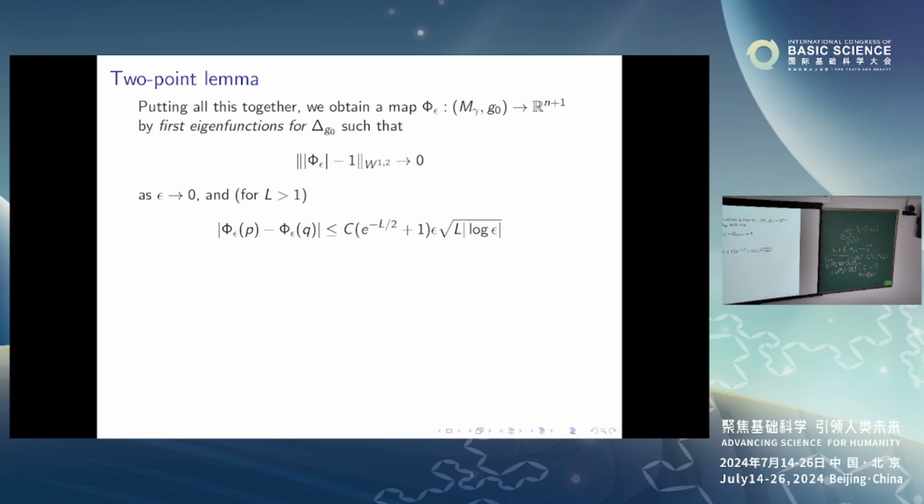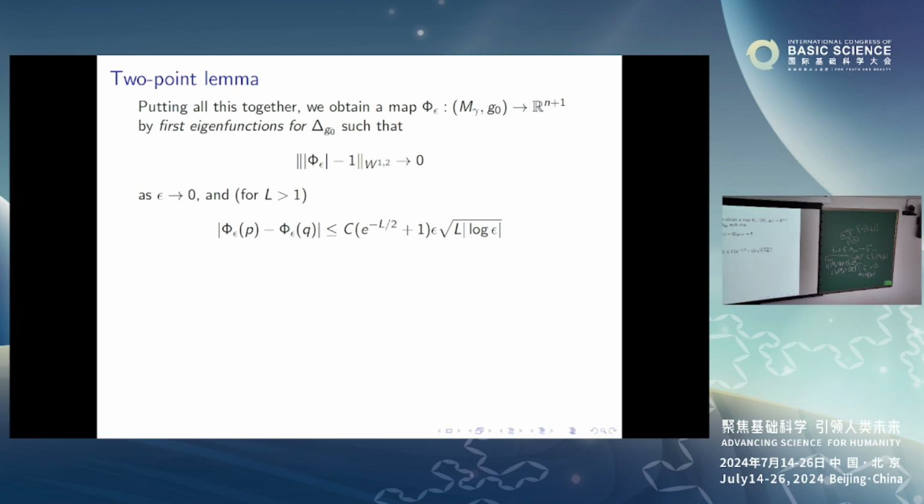And if we fix some L bigger than 1, we can actually check that since we're in the first eigenspace and all norms control all other norms, then that closeness at the level of averages is going to tell us that pointwise phi epsilon of p minus phi epsilon of q looks like this. You get something like epsilon root log epsilon, and you can ignore the L dependence because we're going to fix that.